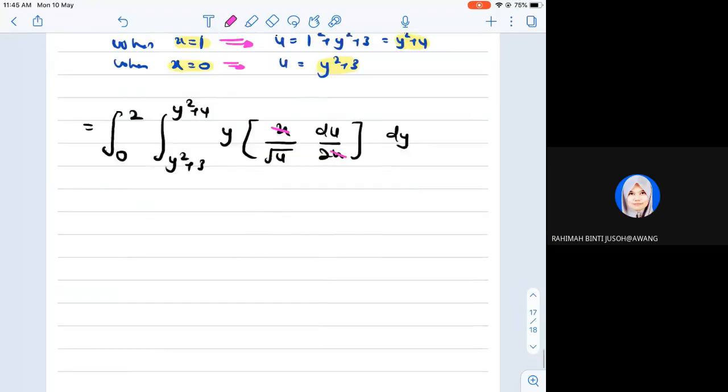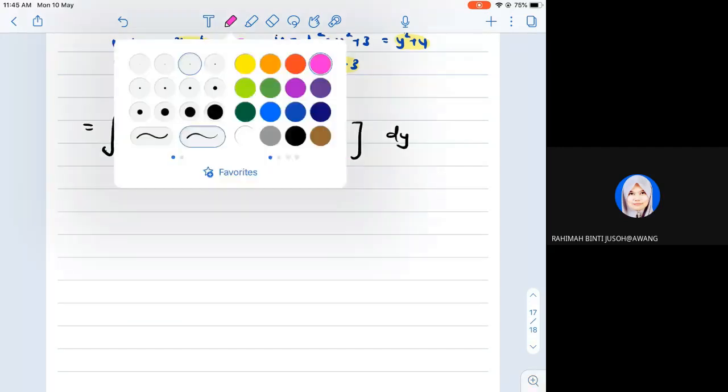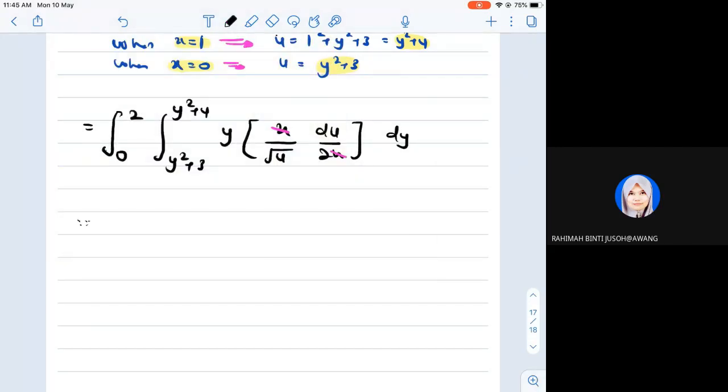Okay, so now bila jadi macam ni, 0 ke 2, y kuasa 2 tambah 3, y kuasa 2 tambah 4. Jadi y per 2 duduk luar siap-siap, y per 2. Okay, 1 per u punca kuasa ni adalah u kuasa negatif 1 per 2, betul?